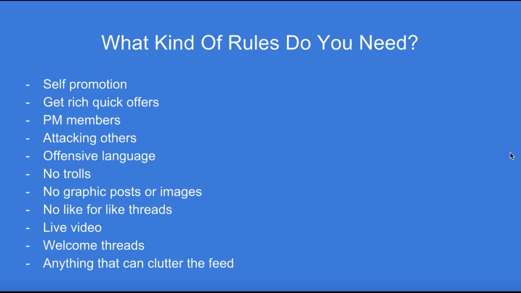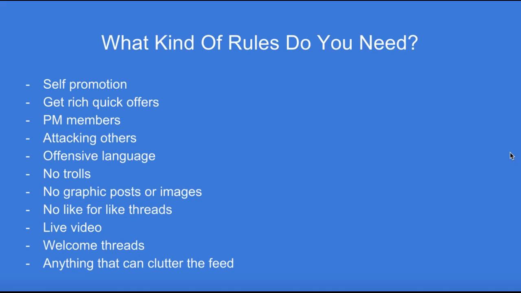The fourth type of rule that you'll want to include is a rule about attacking others. This is the internet, and Facebook is prime for people to misinterpret or to get into discussions because somebody has a strong opinion about a particular topic.